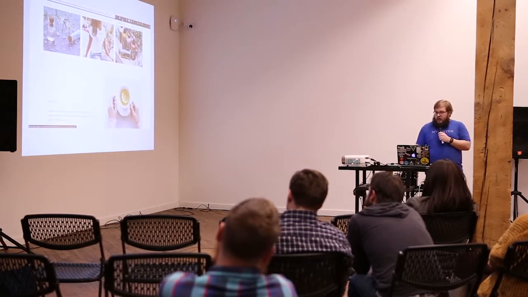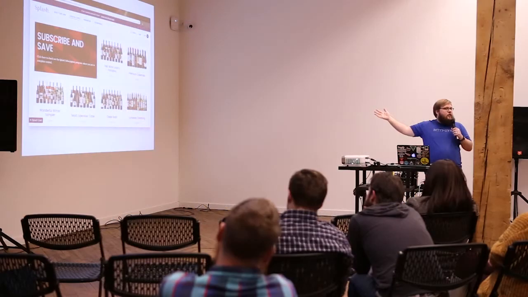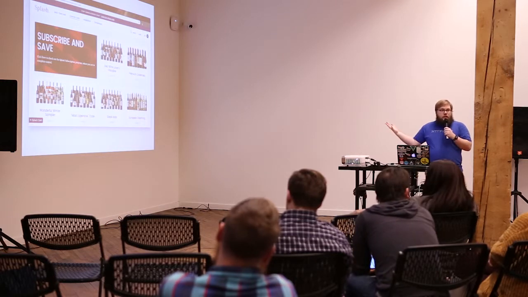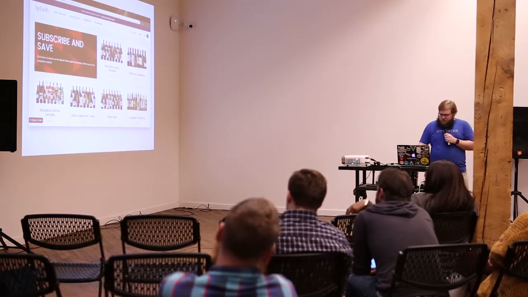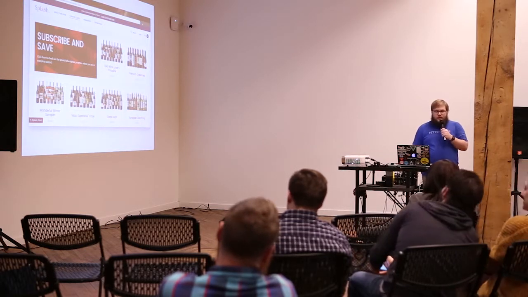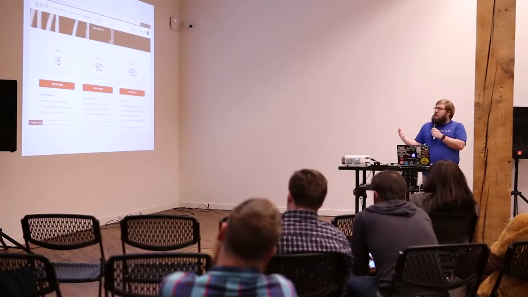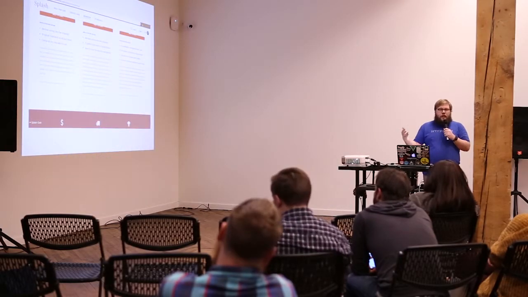These are some collection examples. Everyone's seen a default Shopify collection page. It gets the job done. It's a grid, nothing special. But in this case with Splash, they're a company that sells wine. One of the things they sell is subscriptions, or membership to their wine club, I should say.